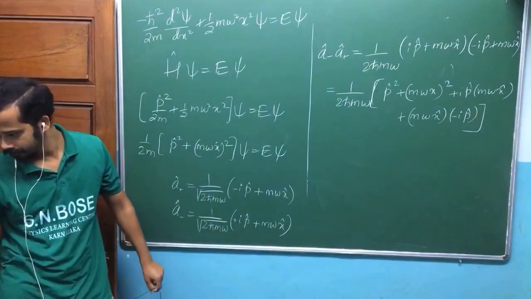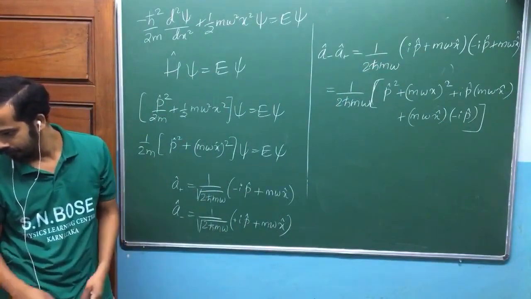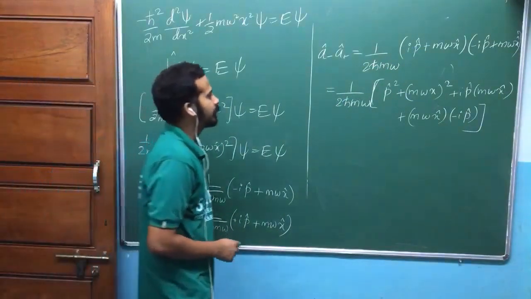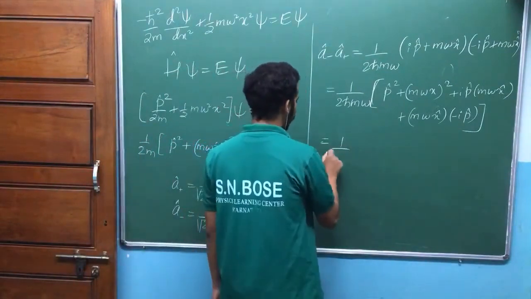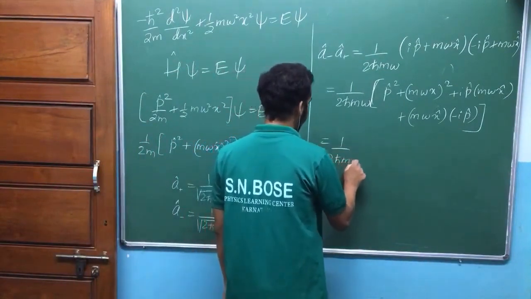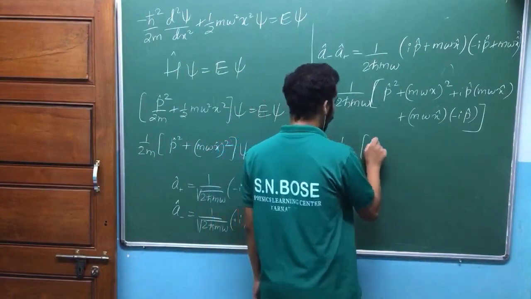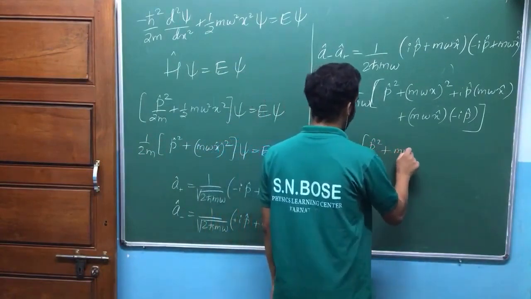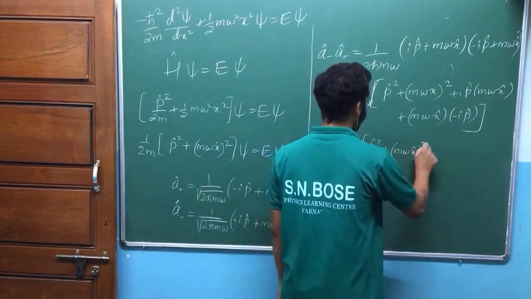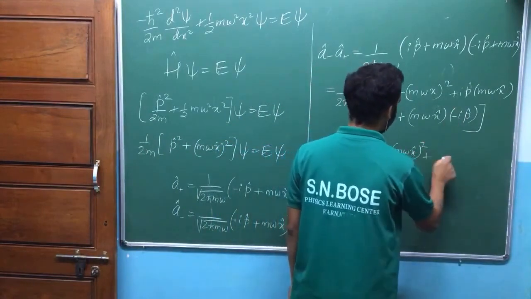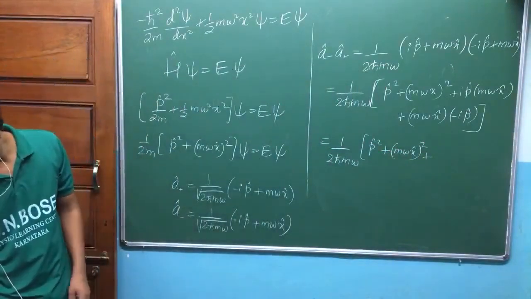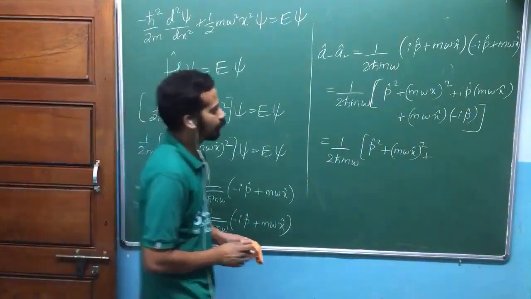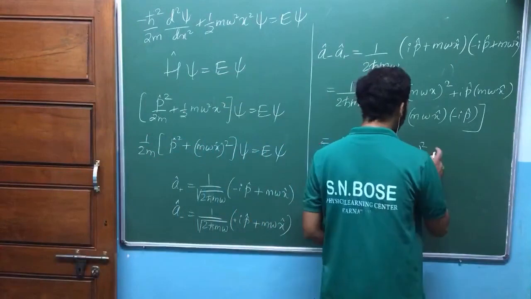Okay. So now what I do is 1 by 2 h bar m omega [p cap squared plus (m omega x cap) the whole squared]. What I do here is I'll take minus i m omega common, because those are constant.